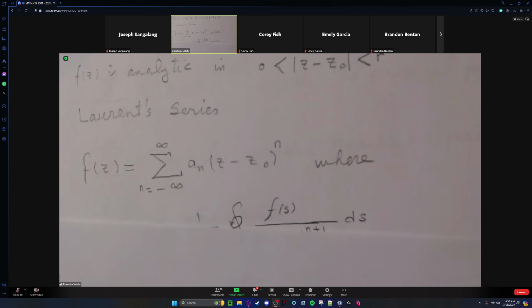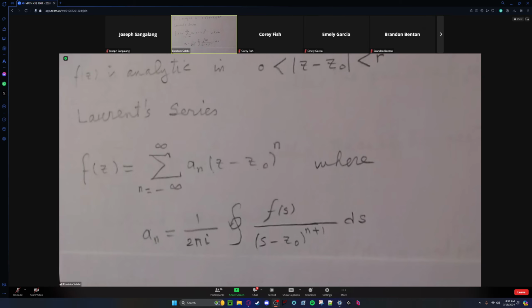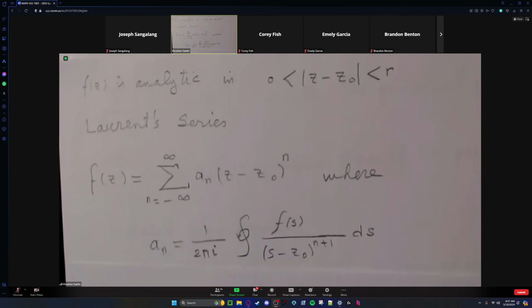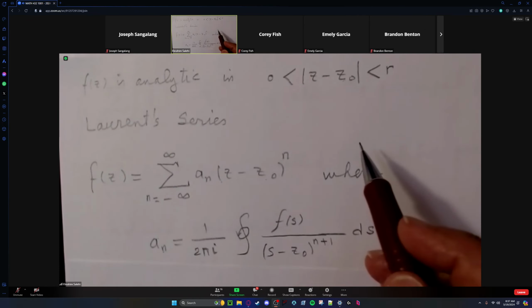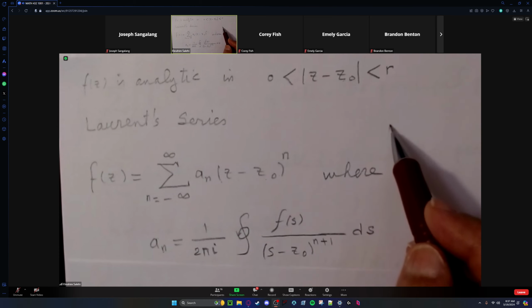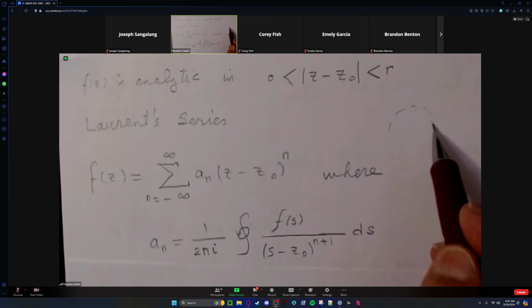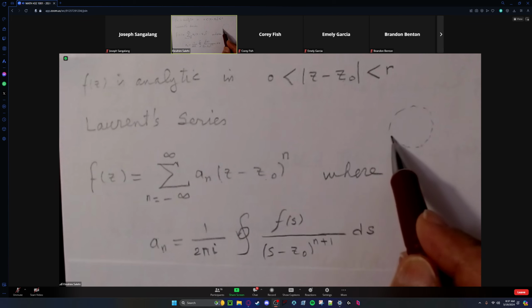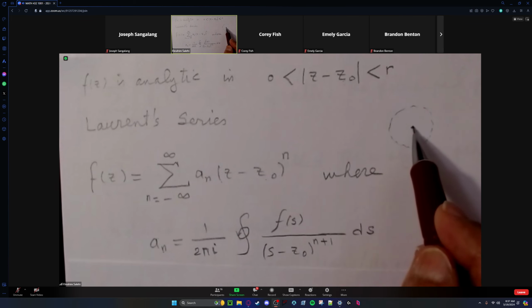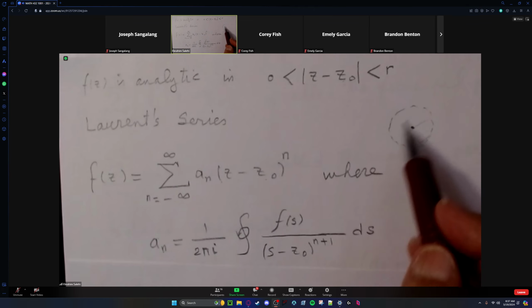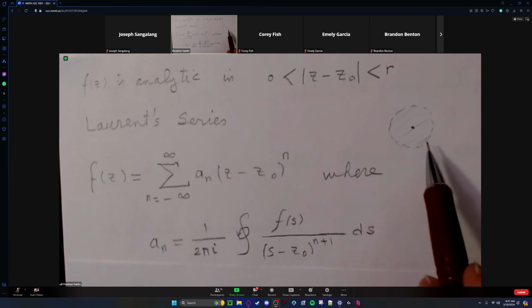But here is the Laurent series. So the function is perfectly fine in a neighborhood of alpha, except at alpha. Alpha is a bad point. Other than that, the function is fine.